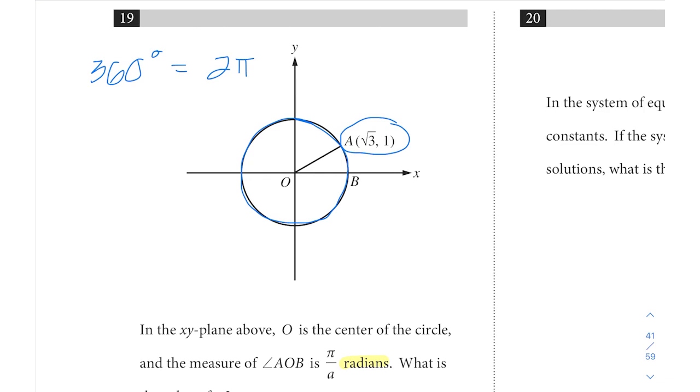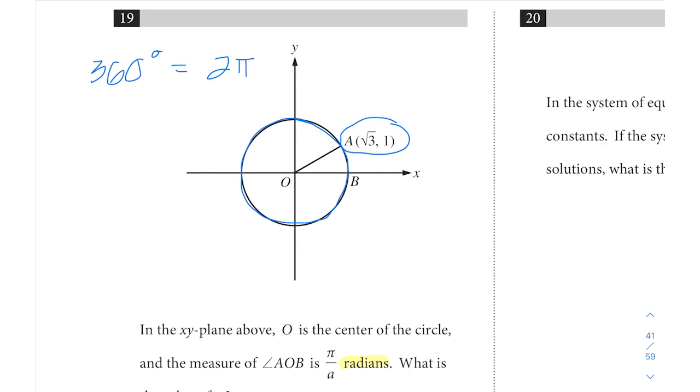If you think of a unit circle, which pre-calc students are certainly familiar with, that's like saying you have a circle with a radius of 1 unit. The entire distance around would be 2 pi, because the formula for circumference is 2 pi r, and if the radius is 1, the entire distance around is 2 pi.